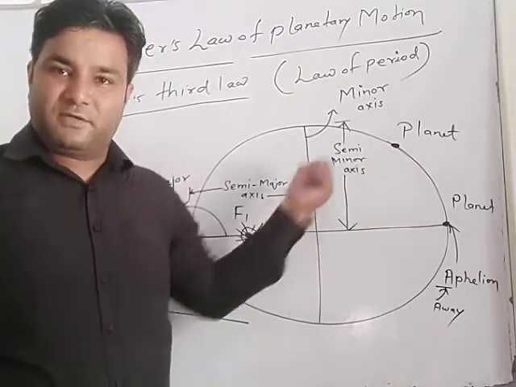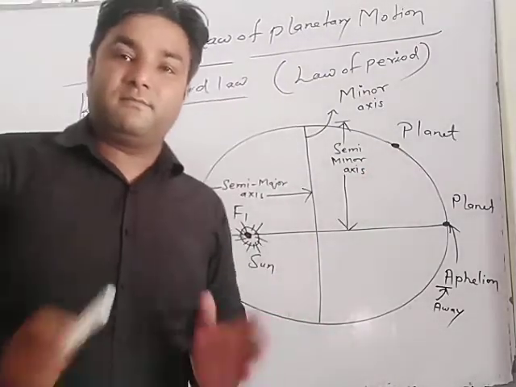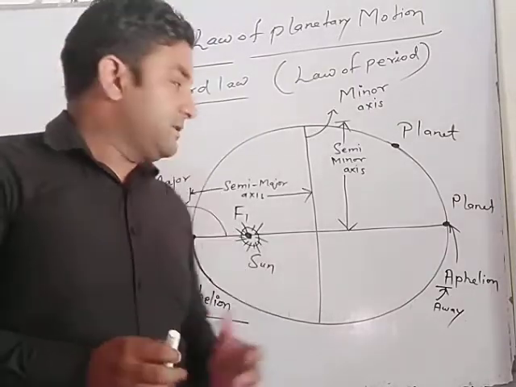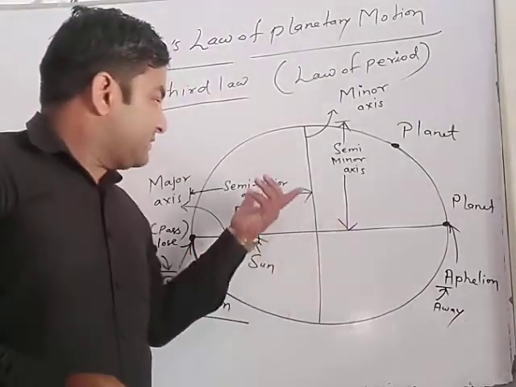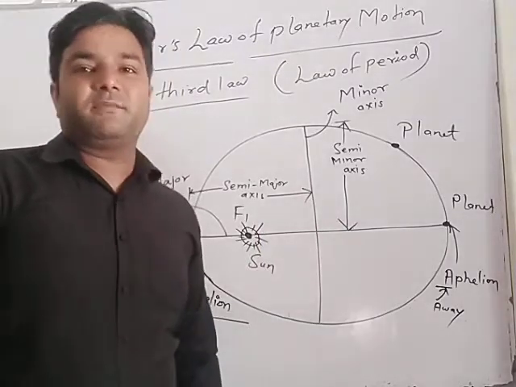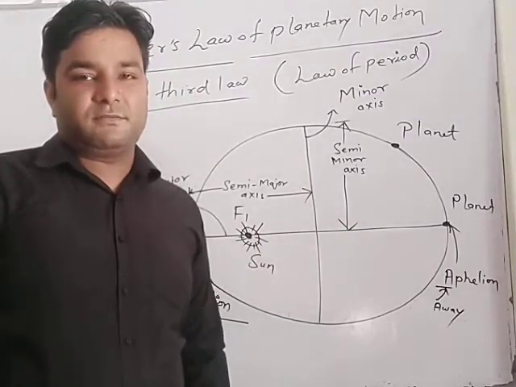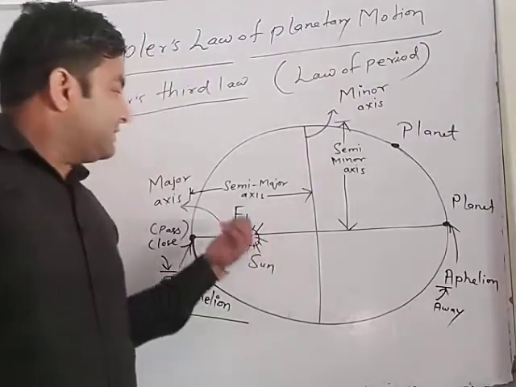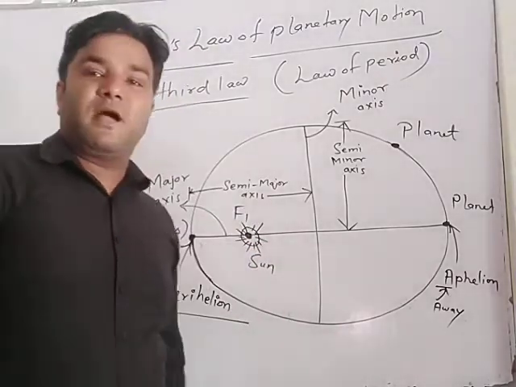After completing one revolution, the time taken by the planet is said to be the time period. And in some books, the semi-major axis is indicated by mean distance. Either mean distance or semi-major axis, both have the same meaning, but here the exact concept is half of the major axis, that is the semi-major axis.